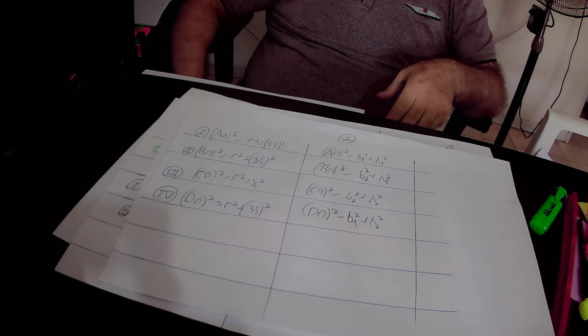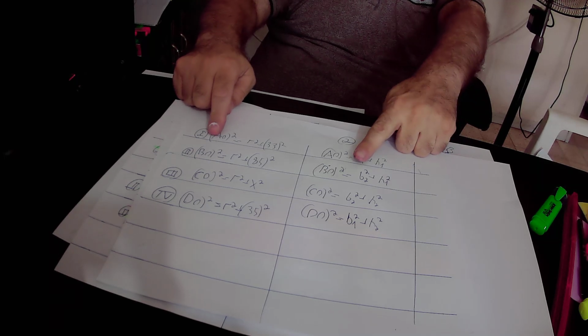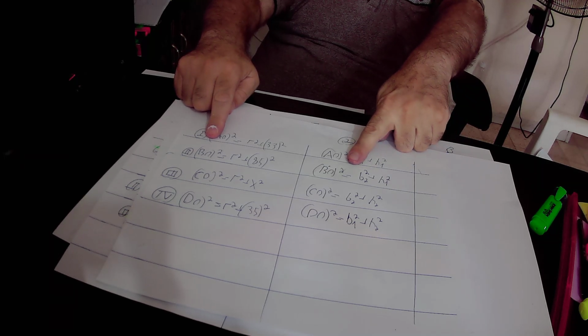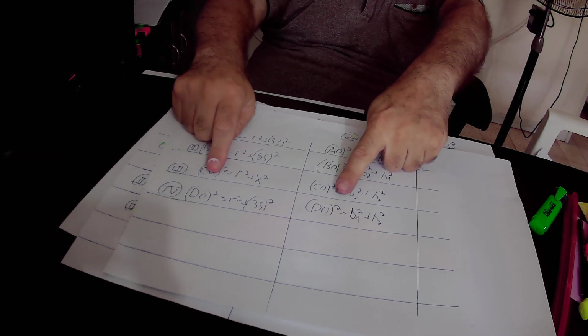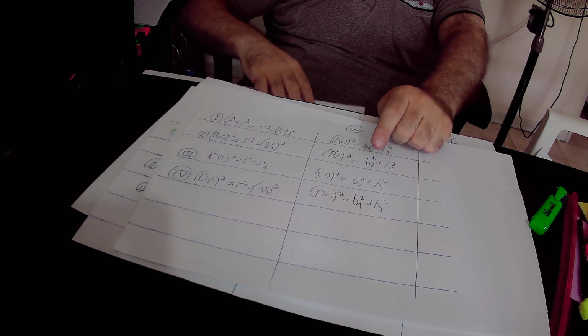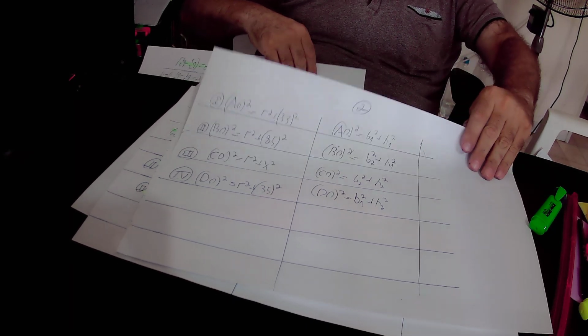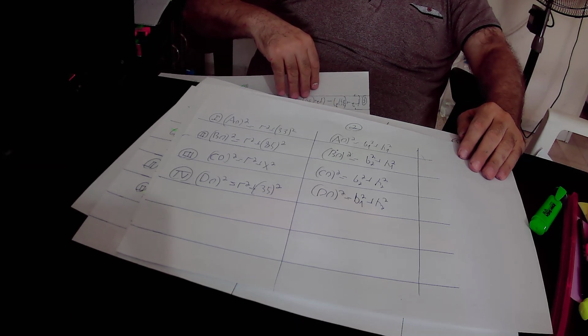So we have two different expressions for AO square, two different expressions for BO square, two different expressions for CO square, and two different expressions for DO square. Therefore, we created equation number 1.